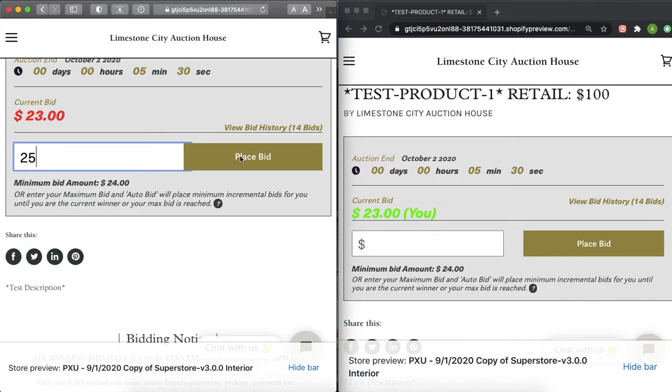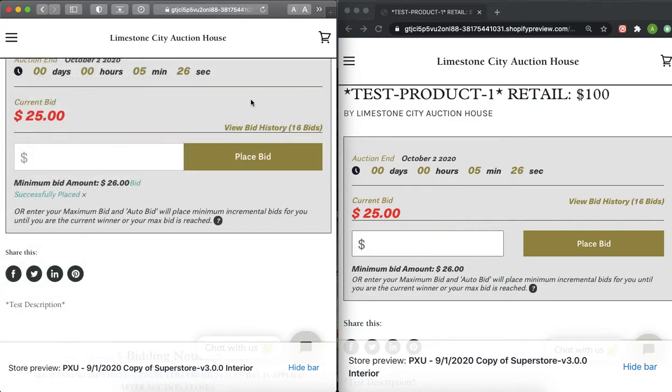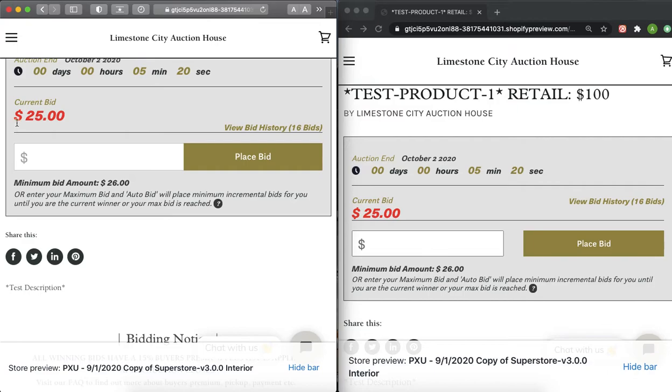When I place this amount, it acts a little differently in the way that the auction works. And what you can see is it went right to 25 instead of going to 26 because the person on the right had an auto bid that high. When this happens, the precedent is always given to the person who places that bid first.